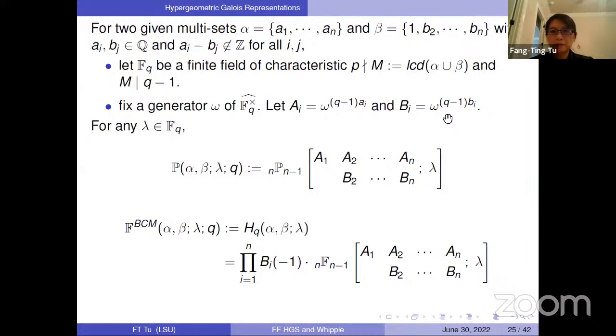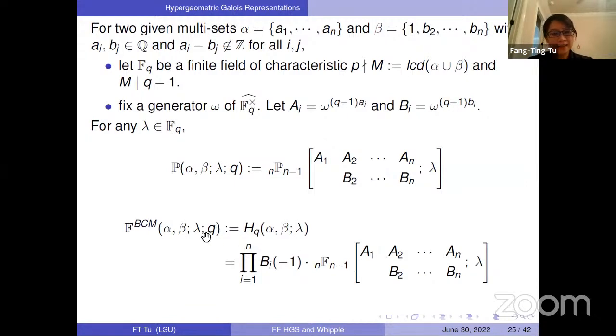For shorthand, we use the notation P(alpha, beta | lambda; q) to denote the period function defined over FQ. In this talk, for convenience, I will use F_BCN to denote the HQ functions introduced by BCN. Actually, they are equivalent to the hypergeometric function over finite field that I defined on a previous page.